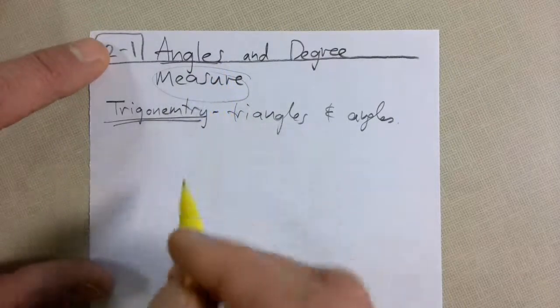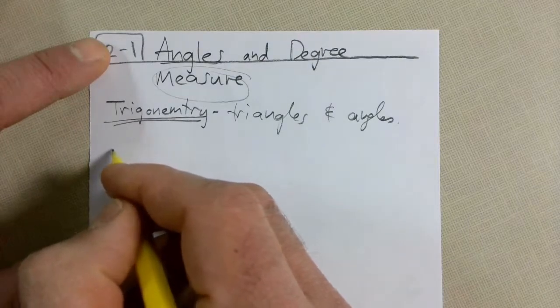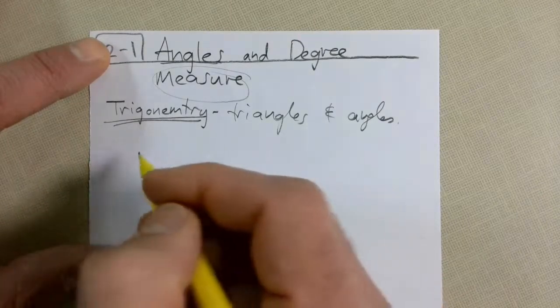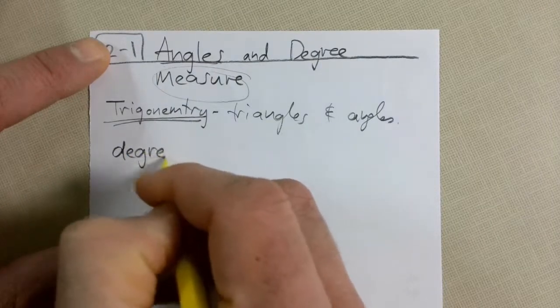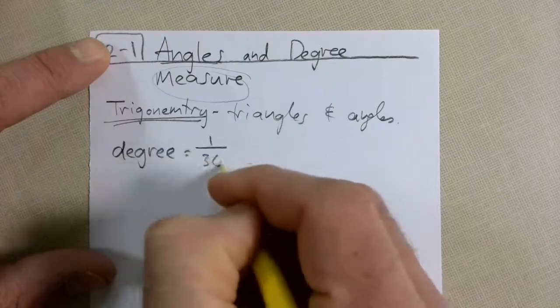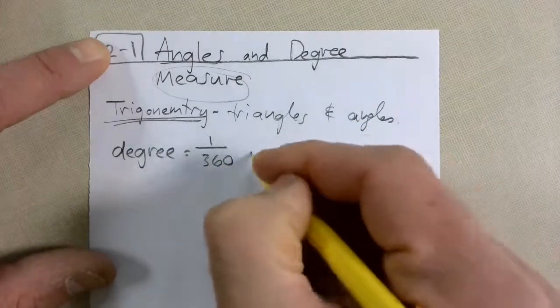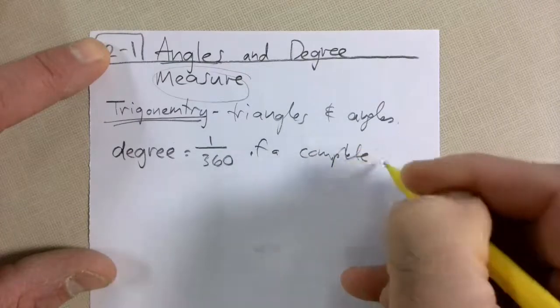You need to remember that an angle is measured in our math history by degrees, and a degree is 1/360th of a complete revolution.